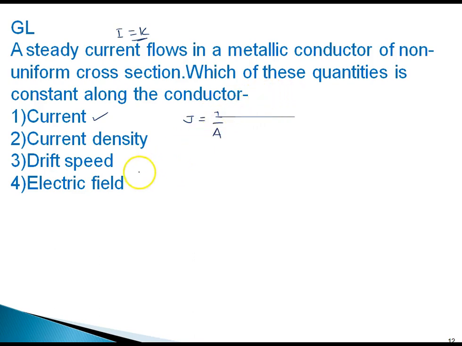Area of cross section is varying, so current density cannot be constant. If I say drift velocity, we know the formula I equal to nAeVd, and drift velocity Vd can be written as I upon nAe. Current is constant but area is varying, so drift velocity is also varying.